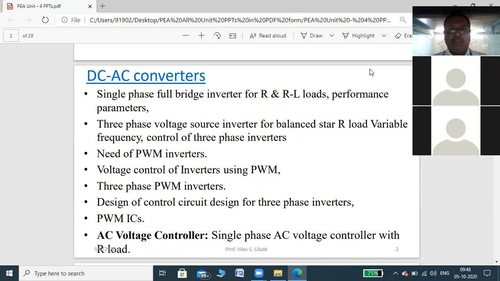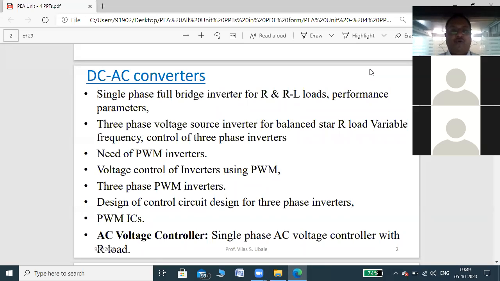The output of oscillators is very small, so we cannot use an oscillator as an input to motors or AC drives. To control the speed of AC drives or AC motors, we require a variable frequency with high voltage. So the option is inverters.